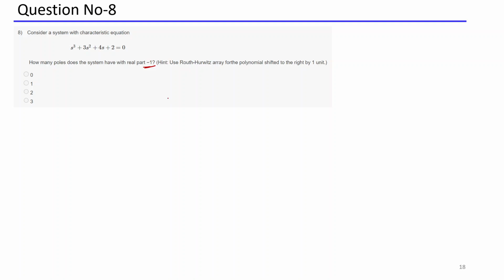So remember one thing, this is a question of relative stability. So what is relative stability? First, whenever any question is talking about relative stability, keep in mind that the system is stable, but how it is stable, that you need to find out.